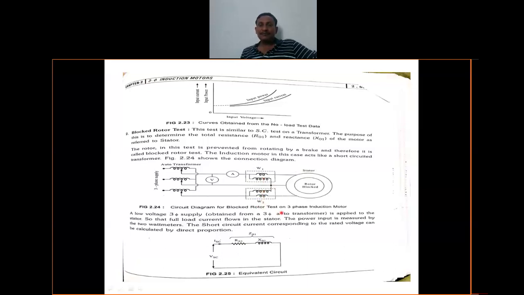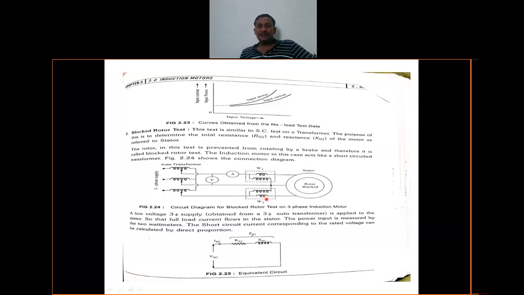Here also the same thing. Before giving the connection, first of all, block the rotor with the help of a belt and pulley arrangement.